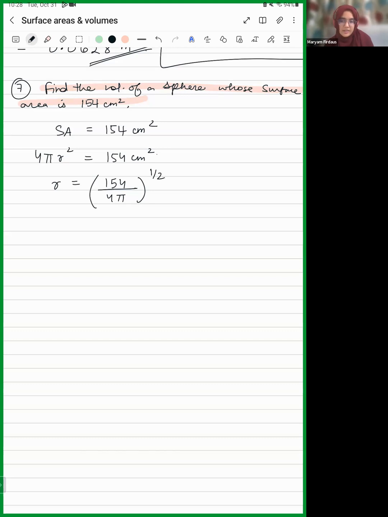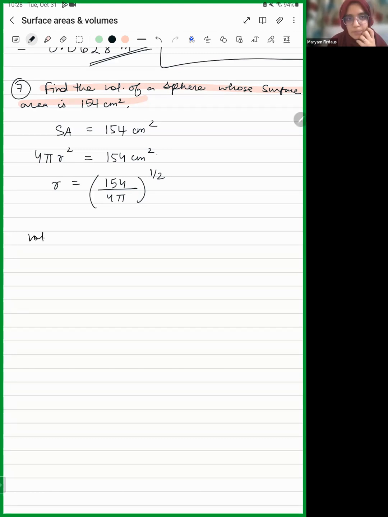Is this clear to everyone? How did it become 1 by 2? Because over here it was r square, right? So when that square went to the other side, it became a square root, and we know that square root means power 1 by 2. So this is your r.